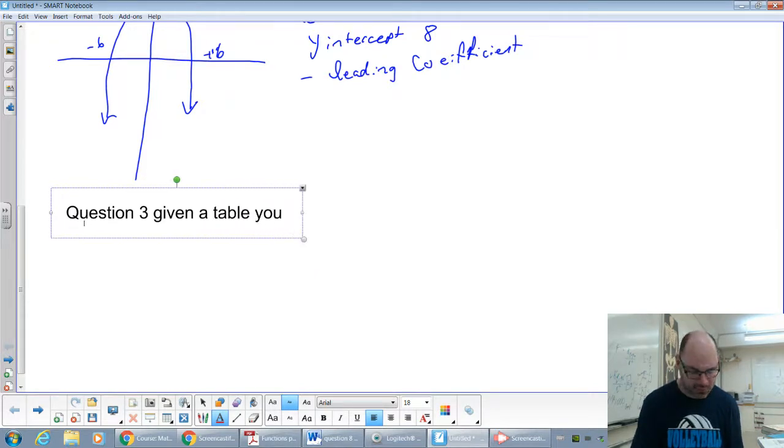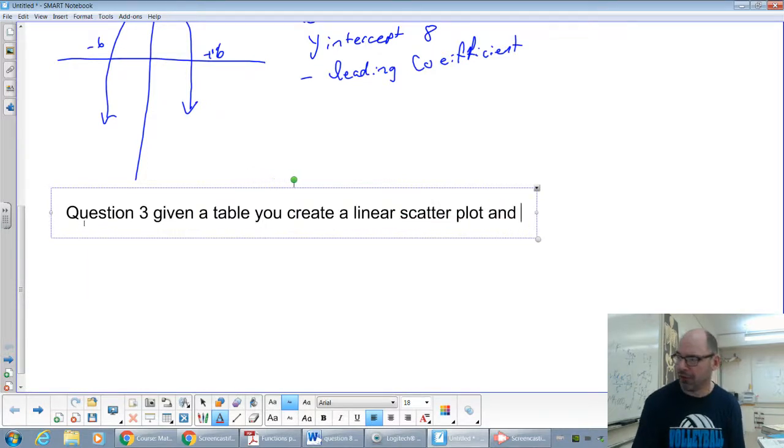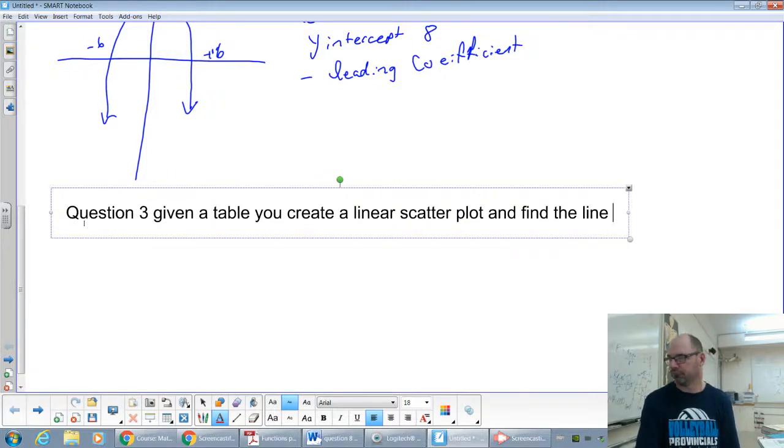You create a linear scatter plot and find the line, okay, and answer some questions.